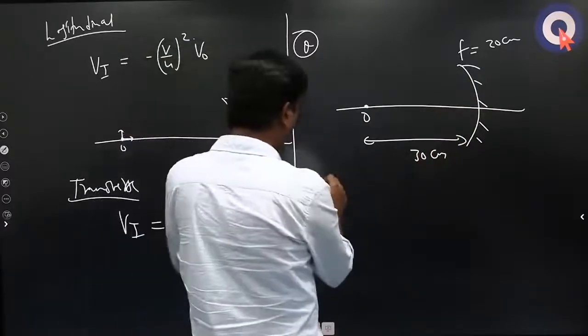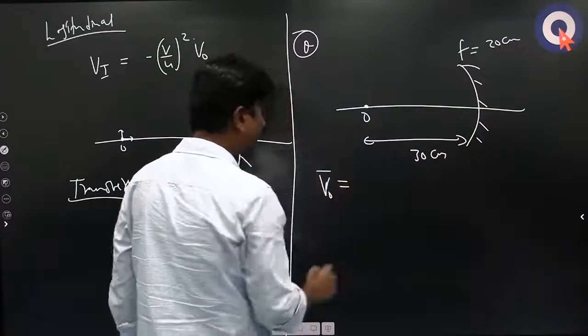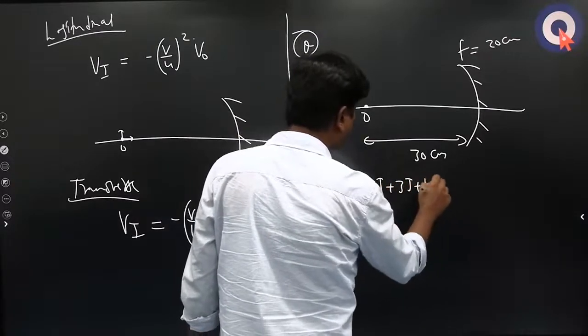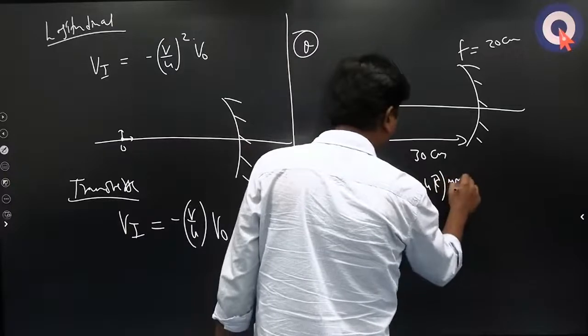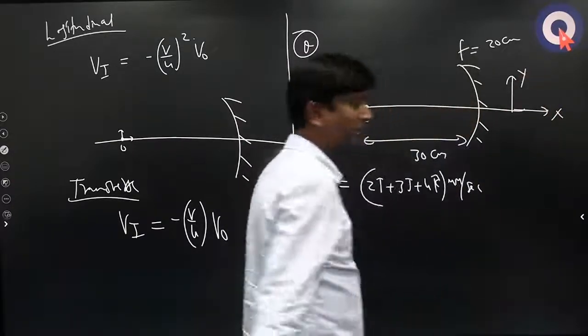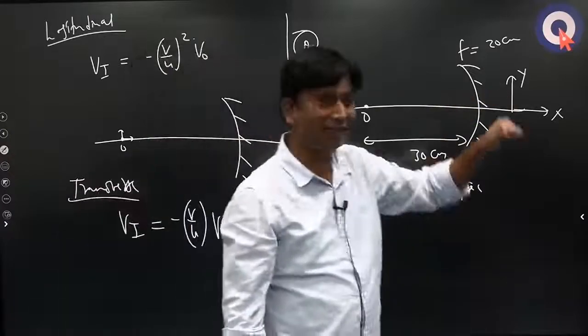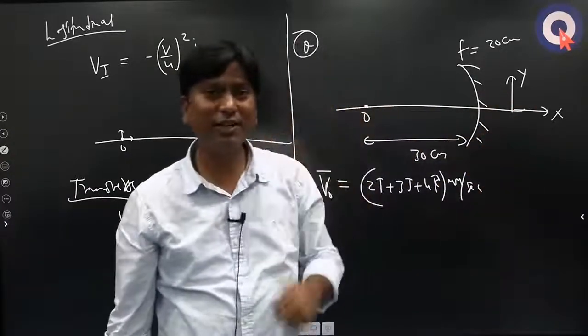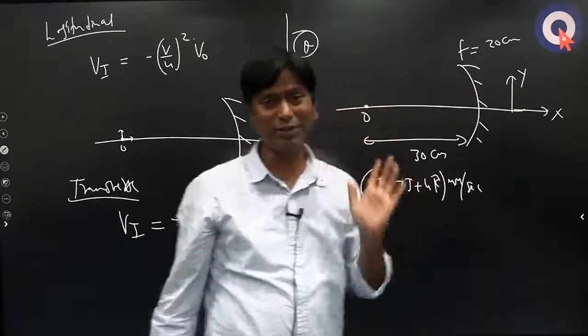The velocity of the object is, let us say, 2i cap plus 3j cap plus 4k cap mm per second, given that this is the x-axis, this is the y-axis, and this is the z-axis. So clearly the y and z directions are transverse and the x direction is longitudinal, correct?